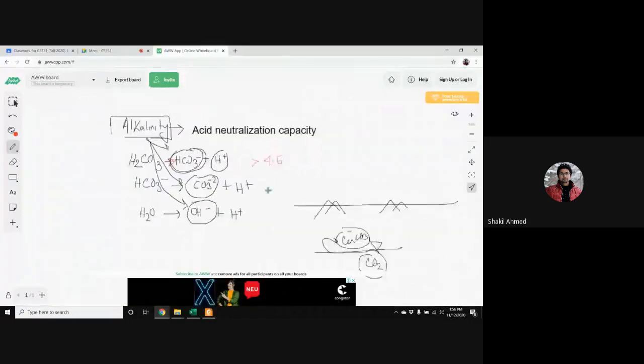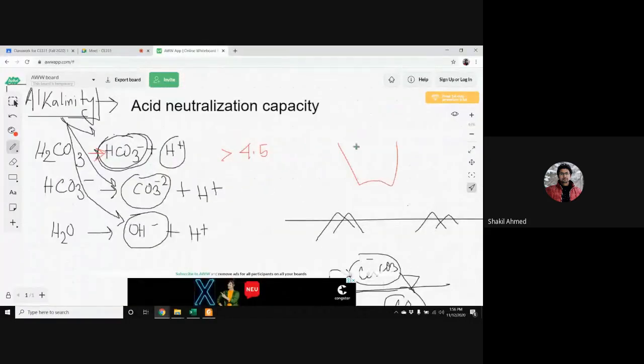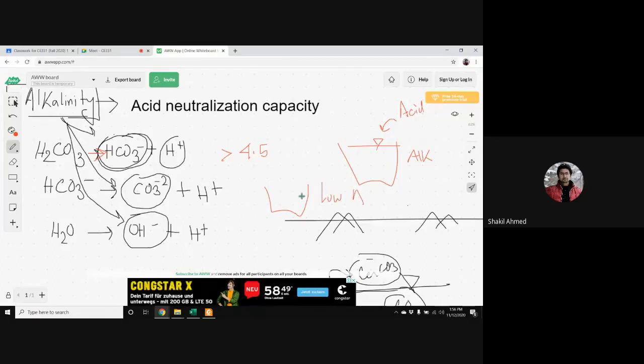If your water has high alkalinity, then you will need a lot of acid to reduce the pH. If you have low alkalinity, then even a slight amount of acid will make a huge difference in pH.